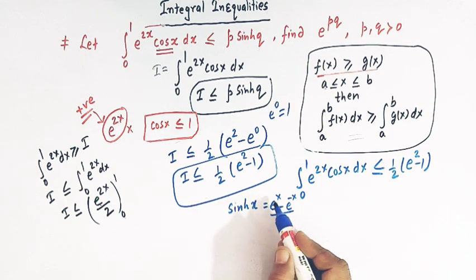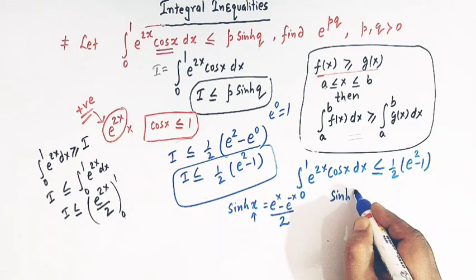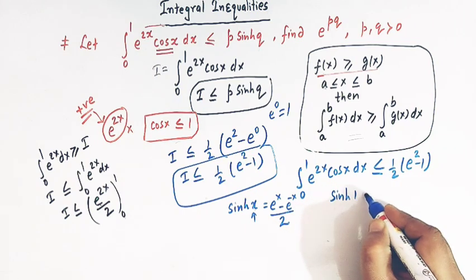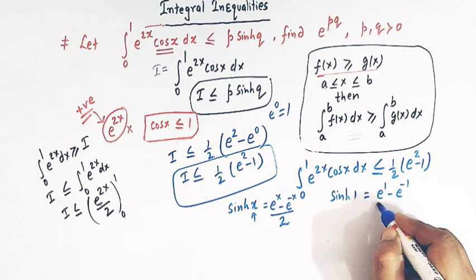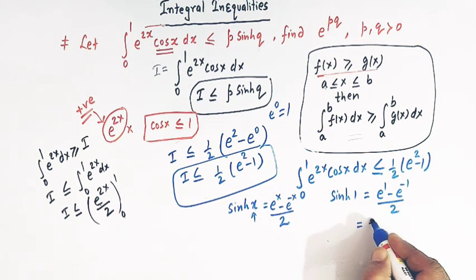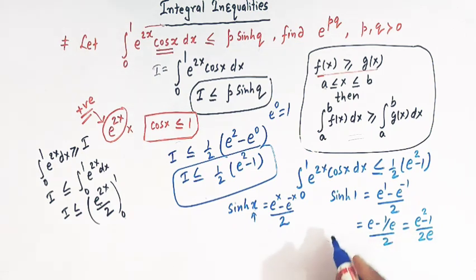So here if we take x equal to 1, what we will get is sinh 1, that is hyperbolic sine of 1, which is (e raised to 1 minus e raised to minus 1) over 2. So this is (e minus 1/e) divided by 2, so (e square minus 1) over 2e, right?